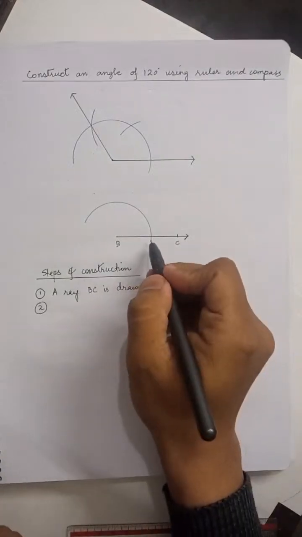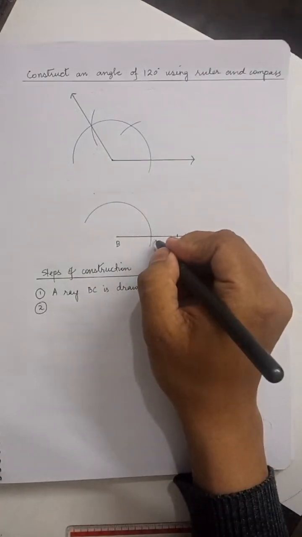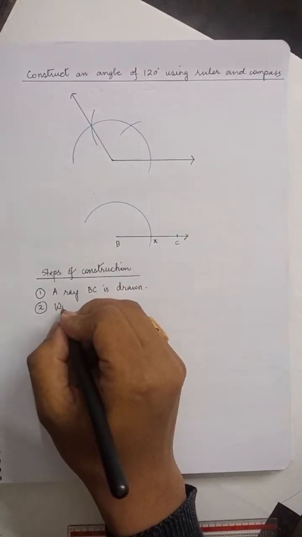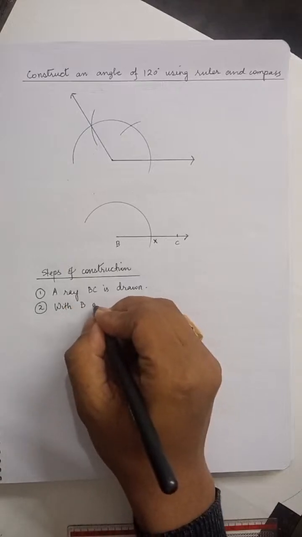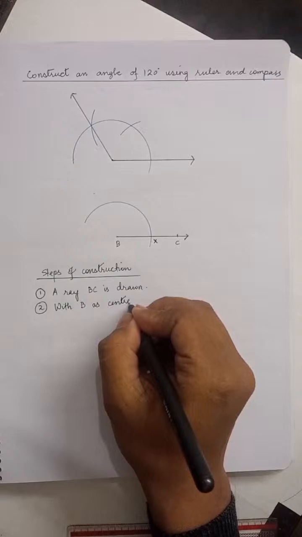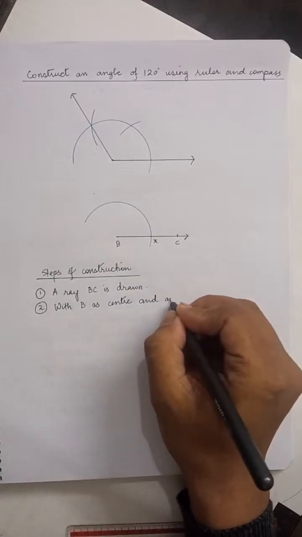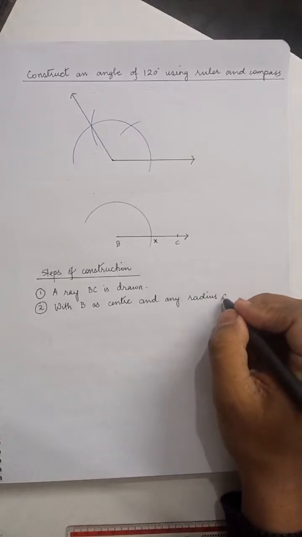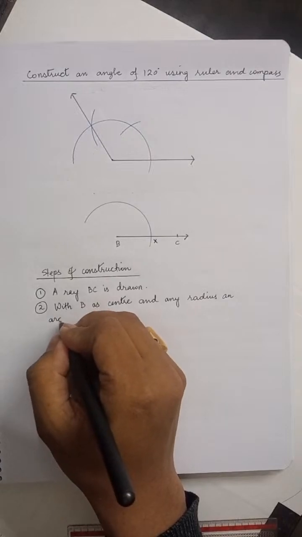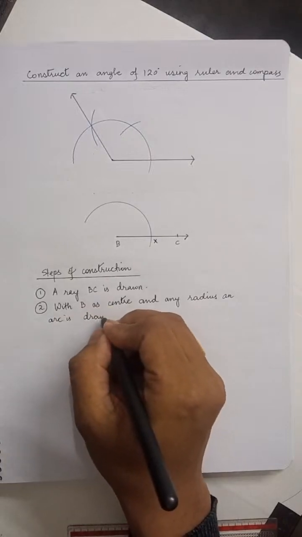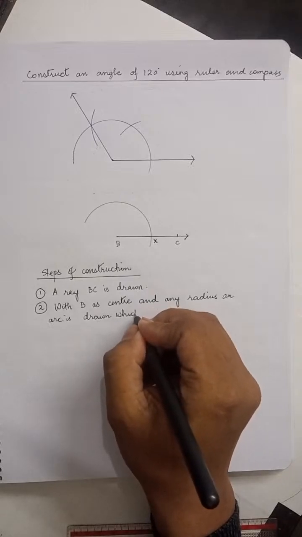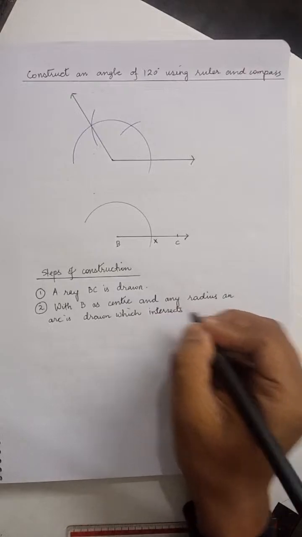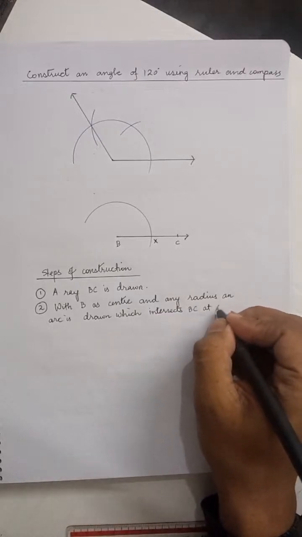Let us name this intersecting point X. So I will write: with B as center, and any radius, an arc is drawn which intersects BC at X.